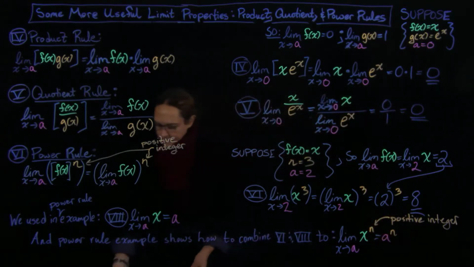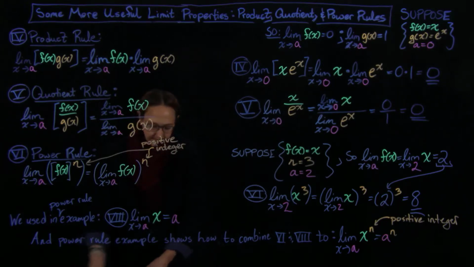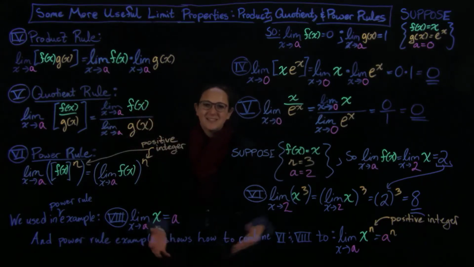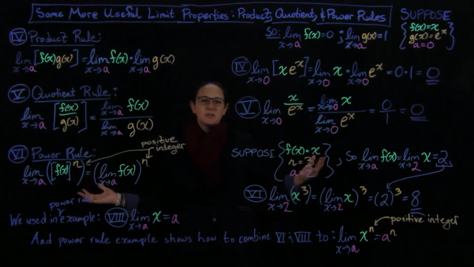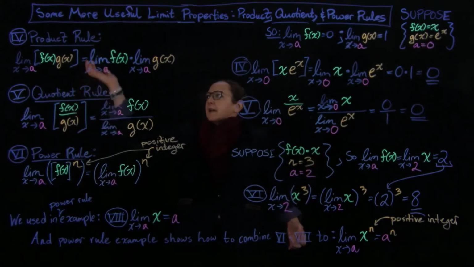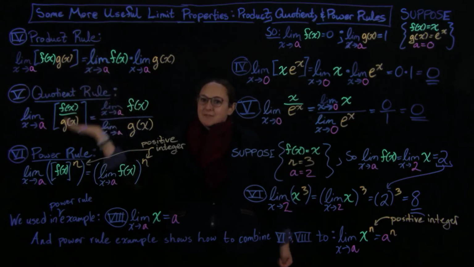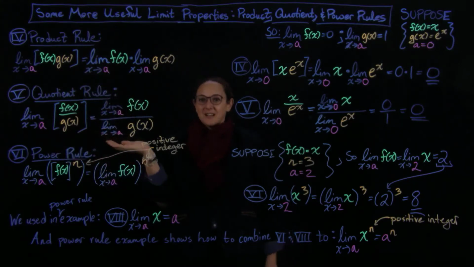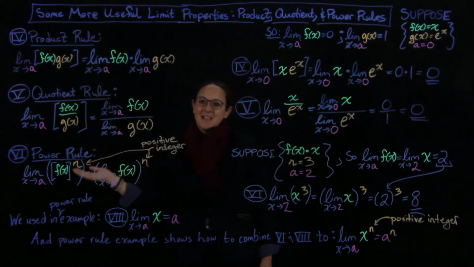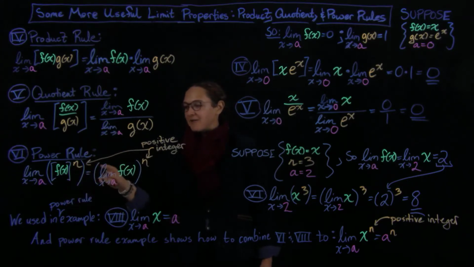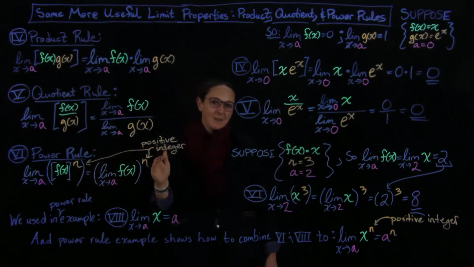So let's go through these new rules. They basically say, when it comes to limits, you can do everything you want to do. If I'm taking the limit of a product, I get the product of the limits. If I'm taking the limit of a quotient, I get the quotient of the limits. If I'm taking the limit of a power, I take the limit, then I take the power.